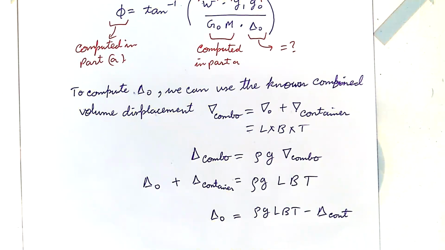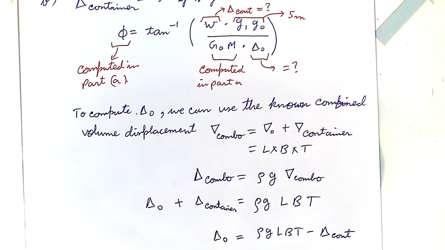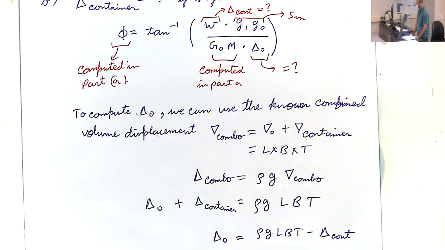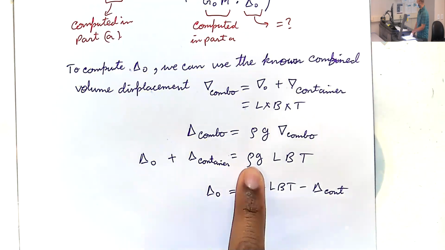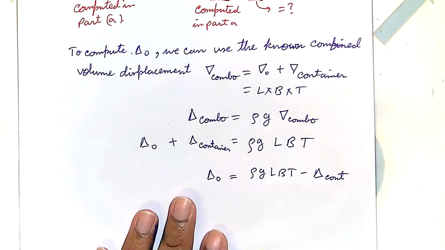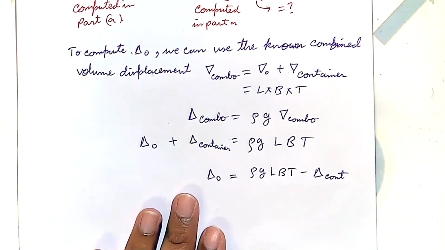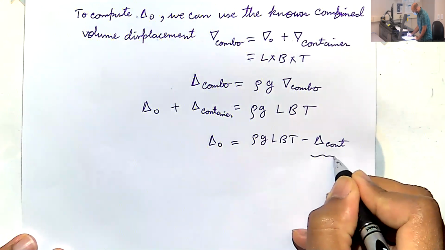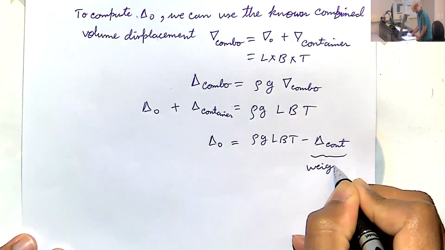But wouldn't you need to know the density of the container too? No, you don't need to know the density of the container. This is rho of seawater, right? So you're saying delta container is in units of mass? No, this is weight. Delta is always weight.